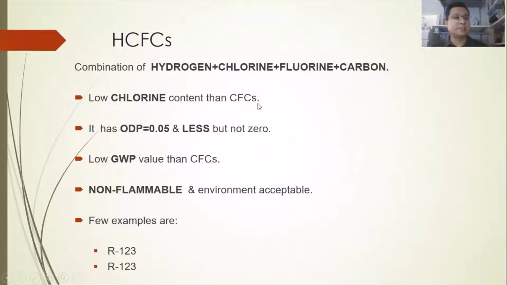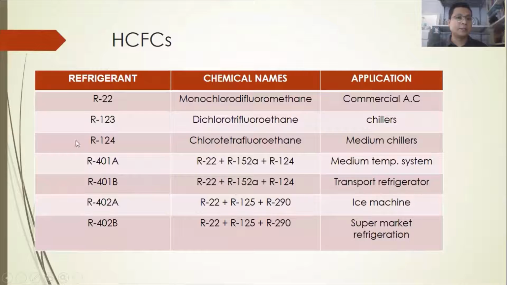So it contains chlorine, so it still has ODP, but less. Low global warming potential, really good. Not flammable. Okay, HCFC is good, with the commercial name R123, sometimes only 123. This is the group of HCFCs.